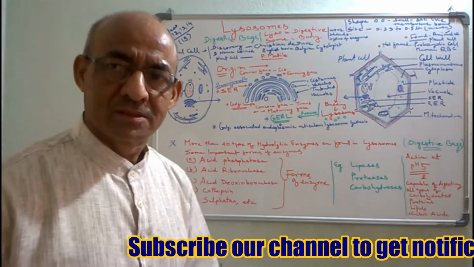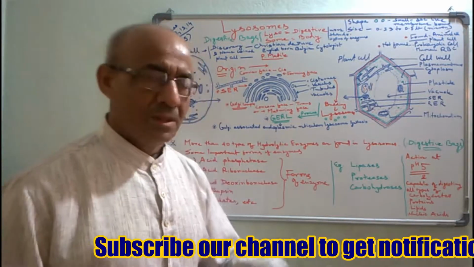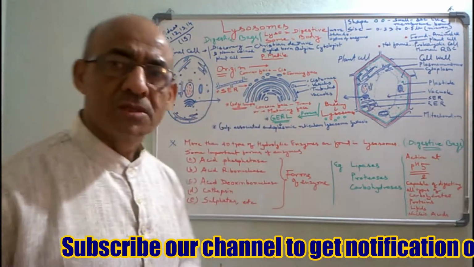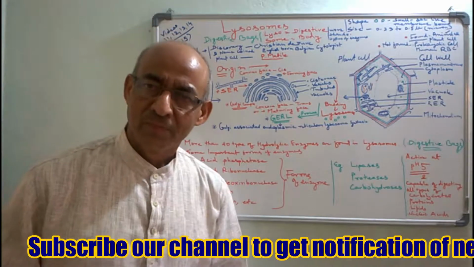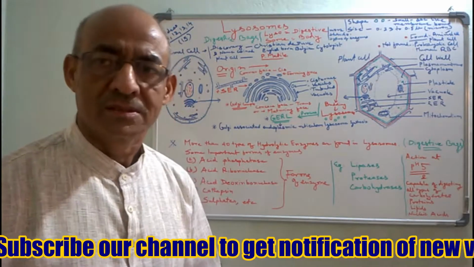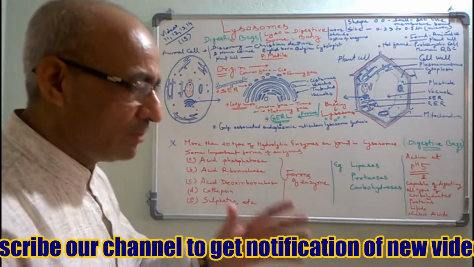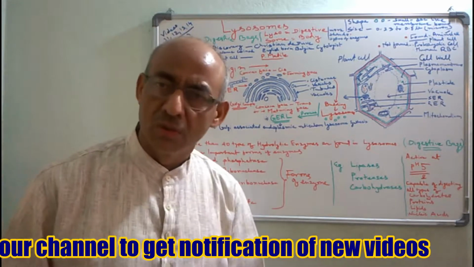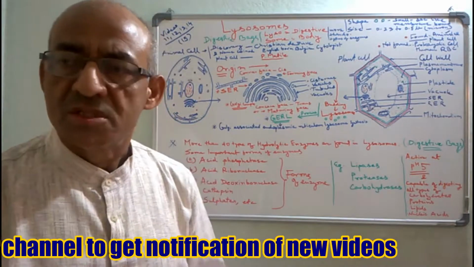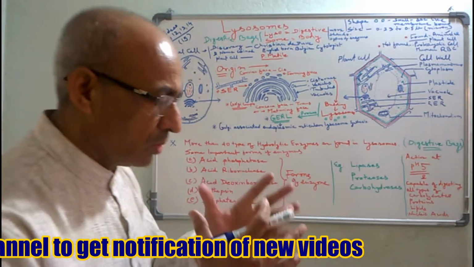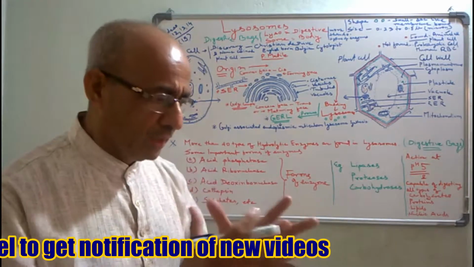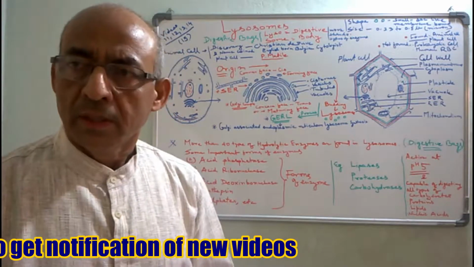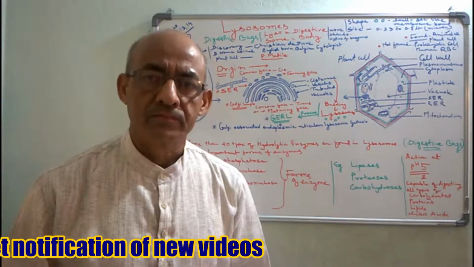Now we will discuss the origins of lysosomes. In the last 3 sessions, we have discussed that all the 3 members of the endomembrane system work together in well coordination and well association.